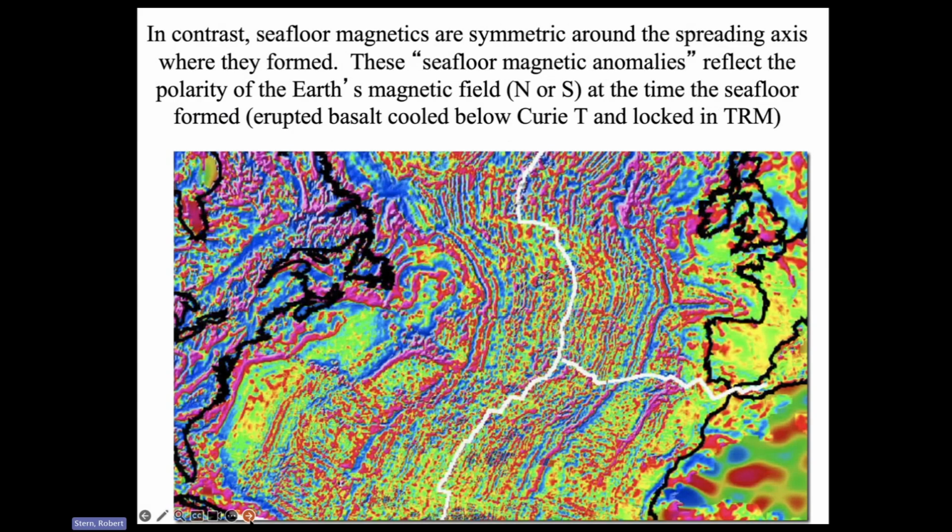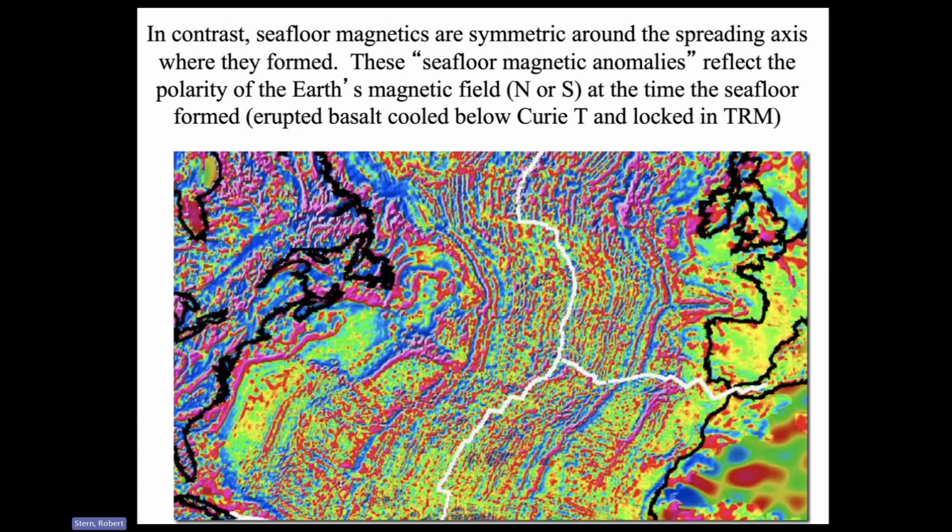Look at this. There, the white line is the Mid-Atlantic Ridge, and the magnetic fabric in reds and blues is basically mirroring it. So in contrast to the magnetic signature of the continents, which bears no relationship to any simple geologic process, seafloor magnetics are symmetric around the spreading axis where they formed.